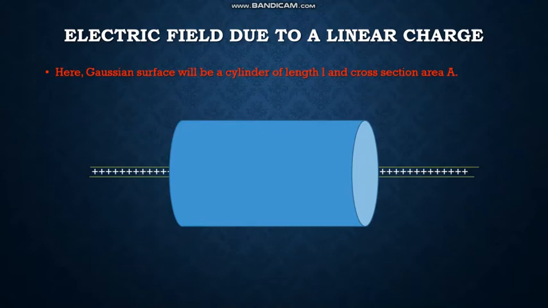Electric field lines are radially outward at every point on its curved surface. But on the circular surface, that is surface 1, the electric field is perpendicular to the area vector ds. Similarly, on circular surface 2, the electric field is perpendicular to the area vector. But on the curved surface, the electric field is along the area vector.